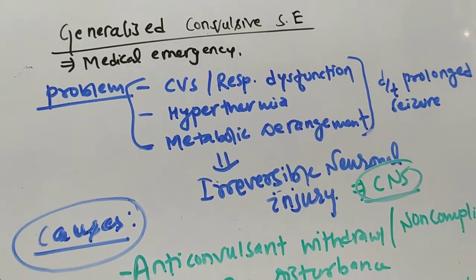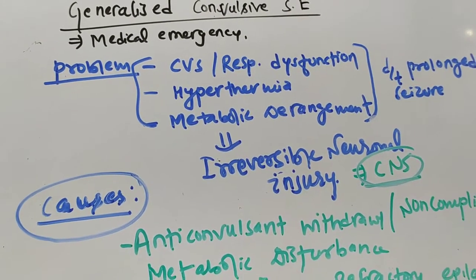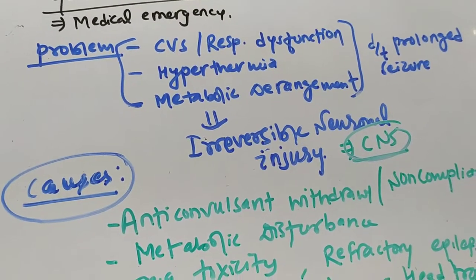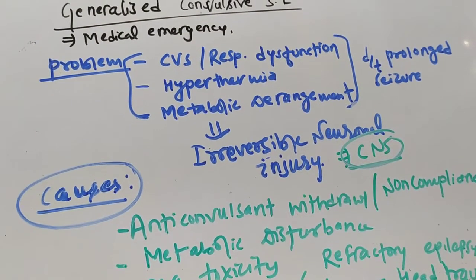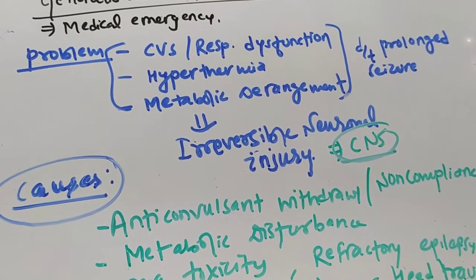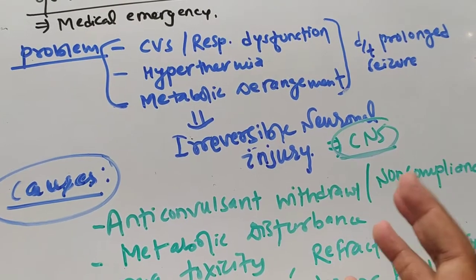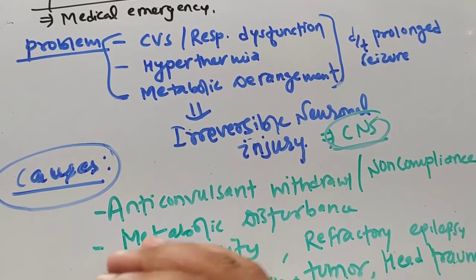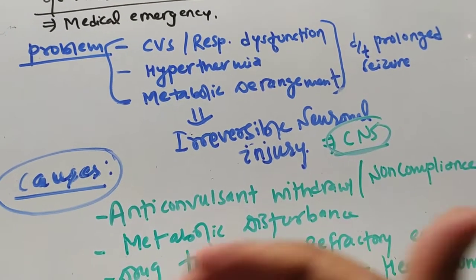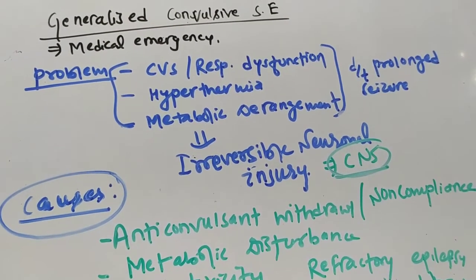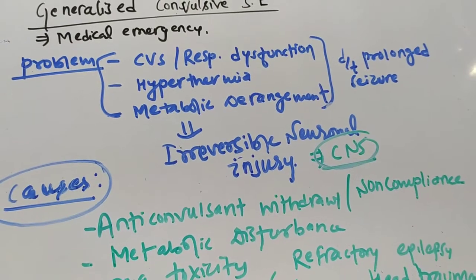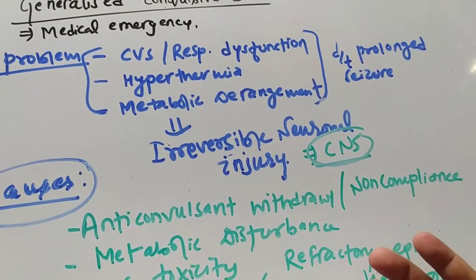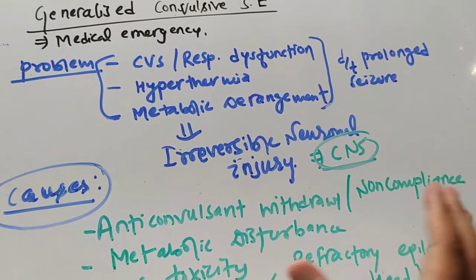Now, what is the cause of generalized convulsive status epilepticus? Let us suppose you are a patient of generalized tonic-clonic seizure, and you have left the drug without the advice of the doctor. As a result of that anticonvulsant withdrawal, you may have status epilepticus. Or let's suppose the doctor has given you a drug but it is not compliant for you.